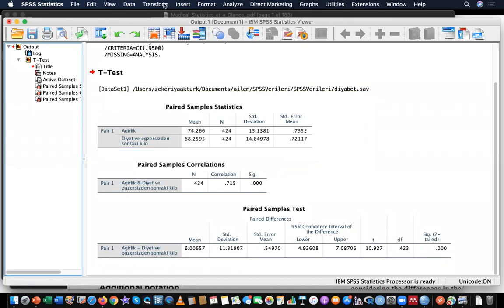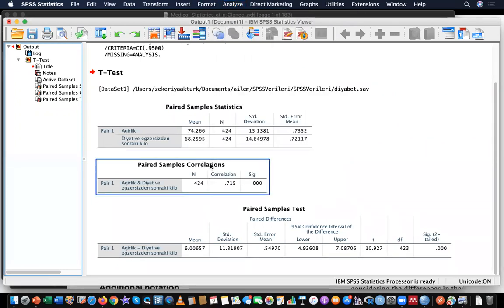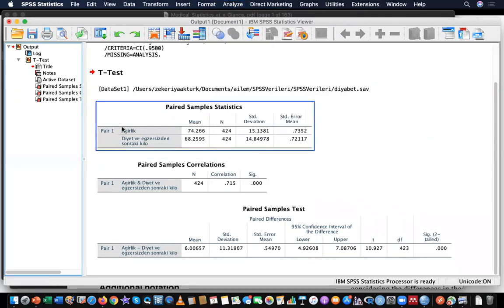That's very easy. But if I want to do this test, I have to check first whether this weight, this ağırlık in Turkish, is normally distributed. Does it have extreme values or not? And I also have to have a reasonable sample size, which I have actually. It is 424.